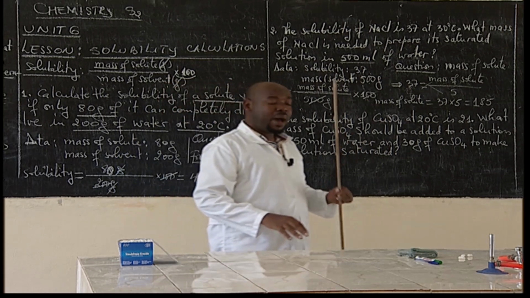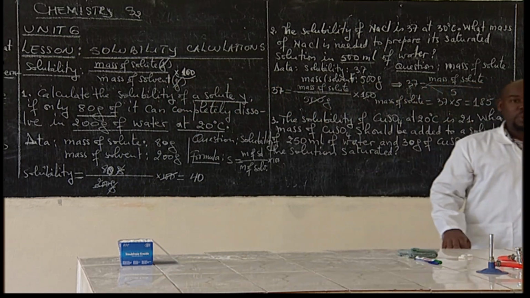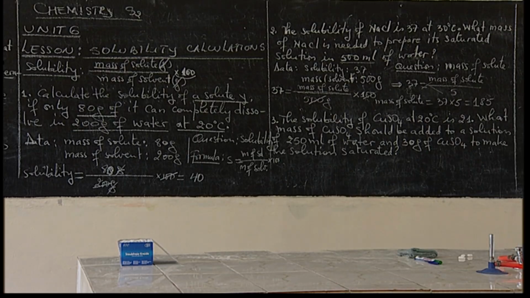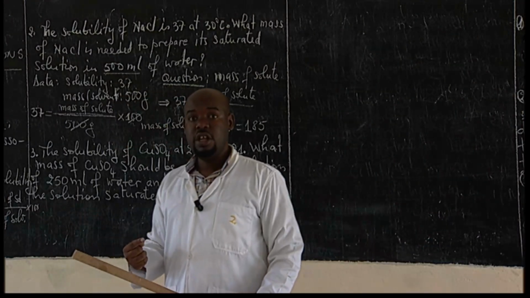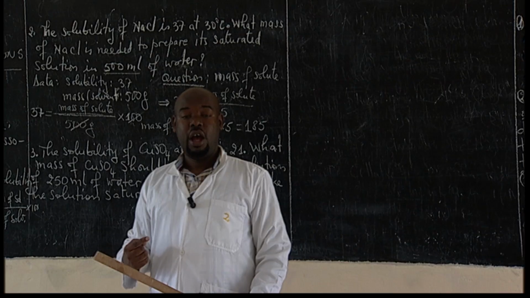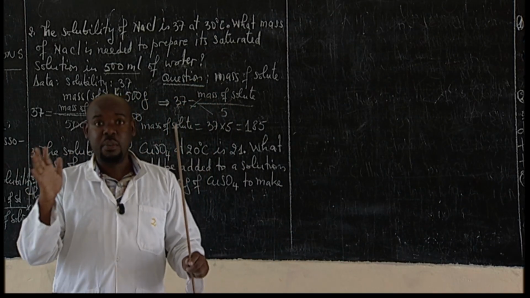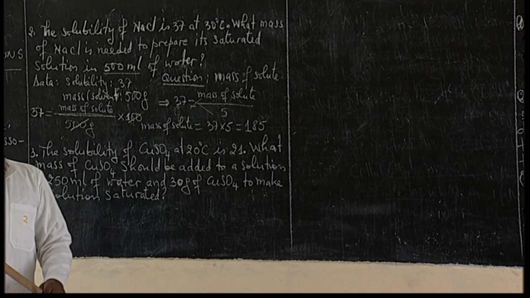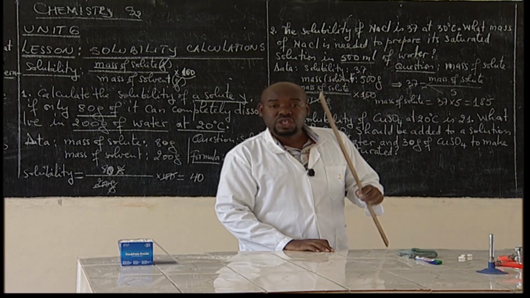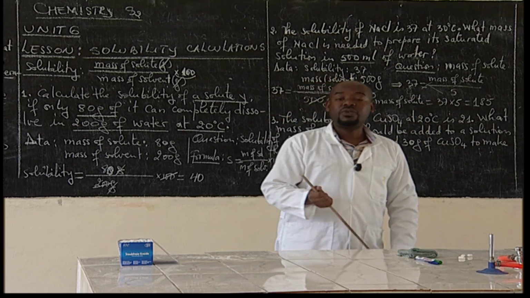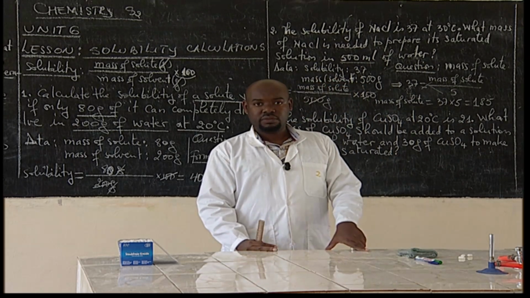To know the mass we are going to add to make our solution saturated, first of all, we have to use what we have been given and find the mass which is already in the solution. And comparing the mass which is already in the solution and the mass we need to make the solution saturated, we can find the difference. Is it clear?